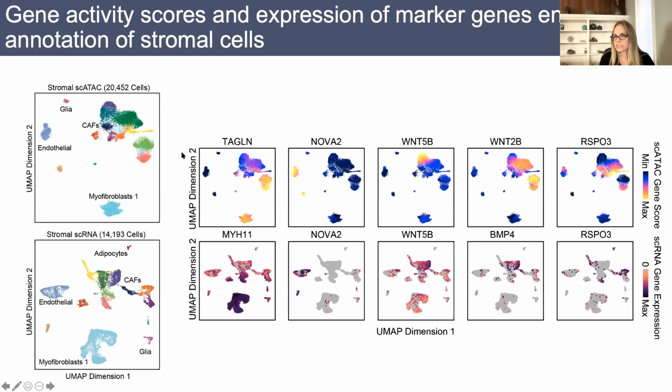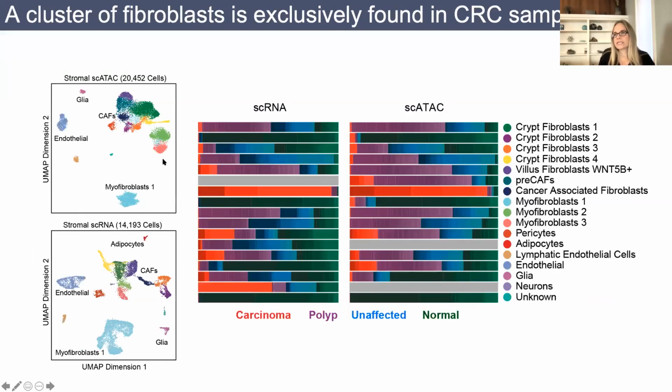We can now map these across the entire data set. And intriguingly, what's apparent is that there are unique populations, in this case of cancer-associated fibroblasts, that are exclusively present in the carcinomas. Now, there is also a pre-CAF-like population that is coming up in the polyp population.